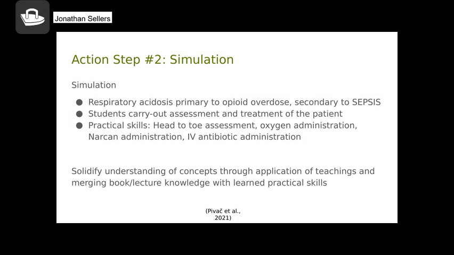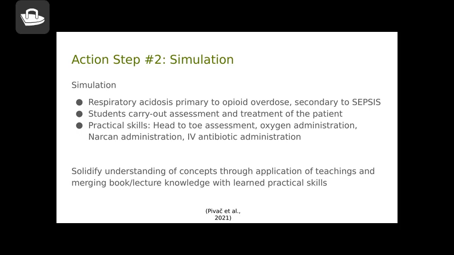Action step number 2, simulation. I like simulations, simulate the care environment, what's actually going on, hands-on stuff. So I would simulate a respiratory acidosis, primary to opioid overdose, secondary to sepsis, just to throw in everything in the mix.